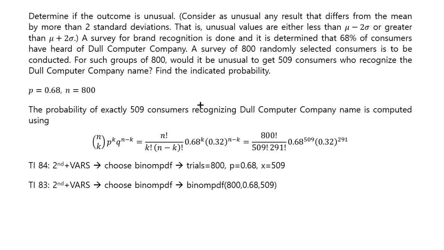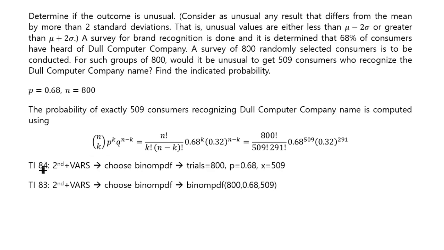The formula for the probability of a binomial distribution is this formula, and we're trying to see what 800 choose 509 is. This will be a huge calculation. So your calculator has a separate function to deal with this.